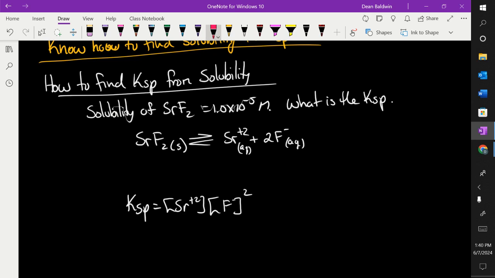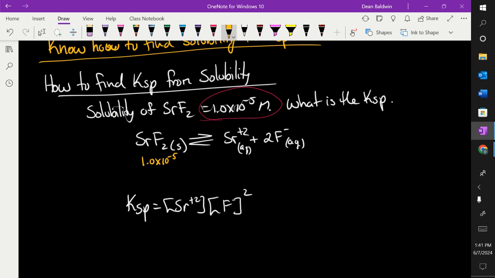So we know the solubility is 1.0 times 10 to the minus 5 molar. That means when you put this into solution, we're going to pretend for a sec that all of it dissolves. It's not really like that, we're just saying that's how much dissolves.